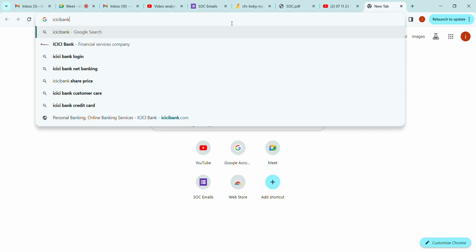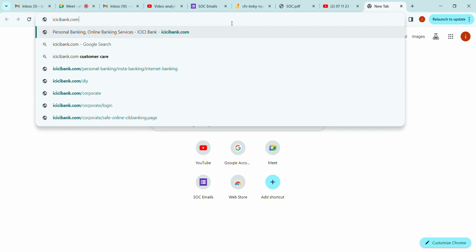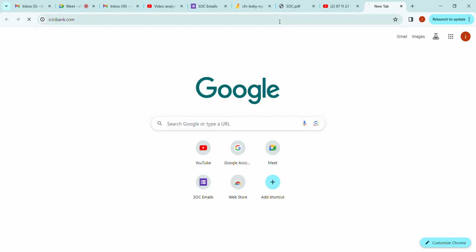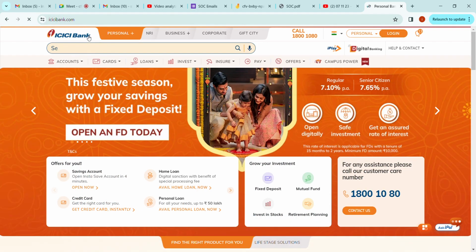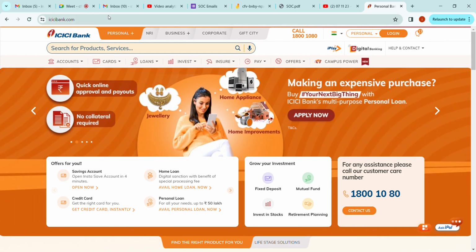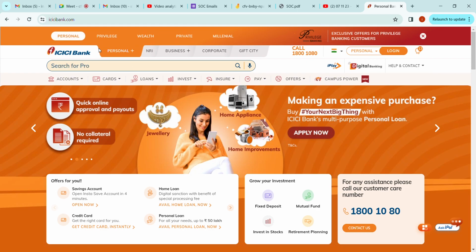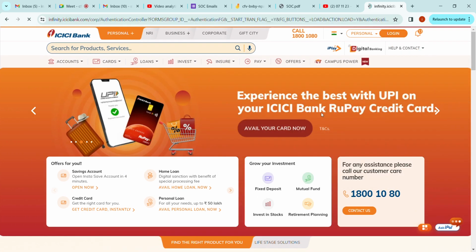So the moment I enter this URL, it is taking me to the ICICI website. So now this website has enabled a connection for me. Now I am good to go and log in to this website by giving my credentials, right?